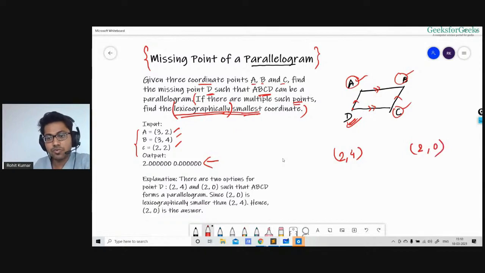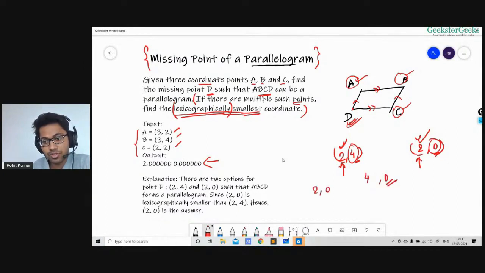Lexicographically smallest means you first compare the x coordinates. If these two are the same, then you compare y, and print the lower one. In this case both x coordinates are 2, so we check y. At the y position we have 4 and 0, and 0 is less than 4, so our output should be 2 0.